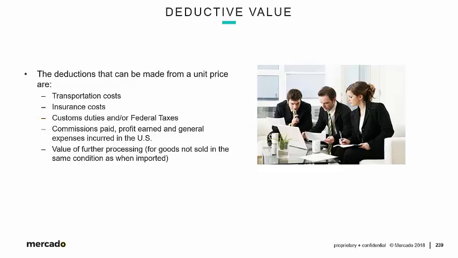That is not part of deductive value. And any value of further processing for goods not sold in the same condition as when imported. That's an important distinction to be made as well. Certainly, raw materials going into a manufacturing environment would be an example of this.